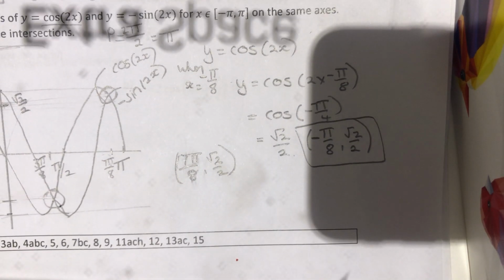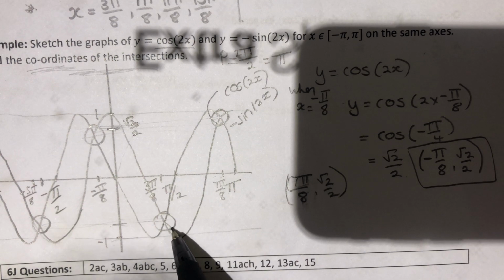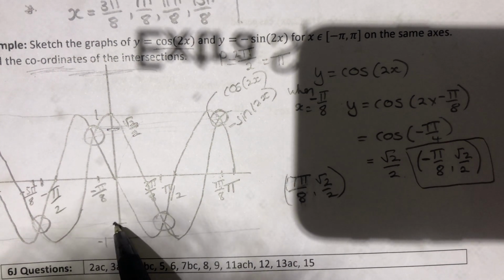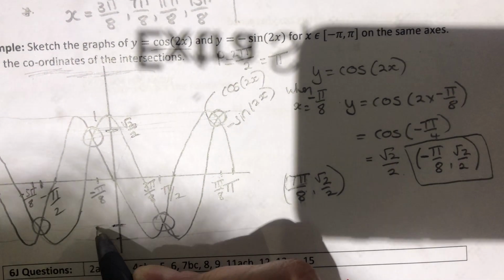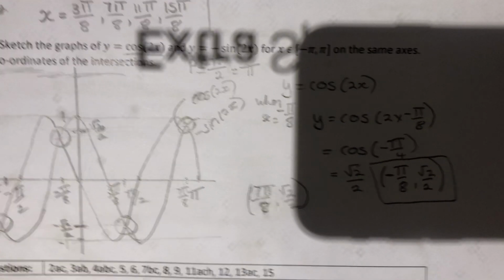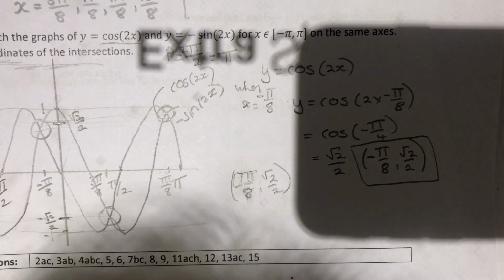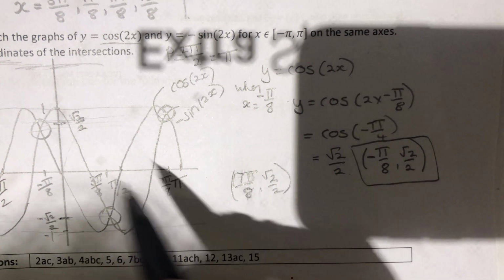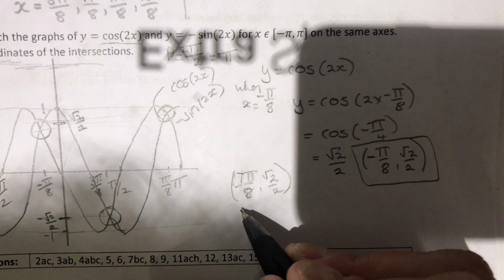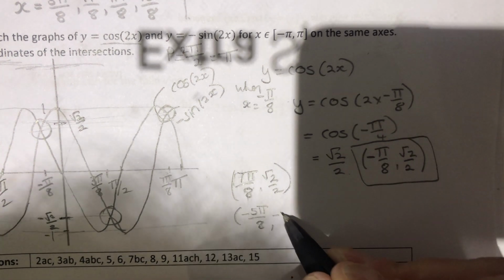And then going down the bottom, from here you can build other ones. So this should be negative root 2 on 2. So we will also have negative 5 pi on 8, negative root 2 on 2.